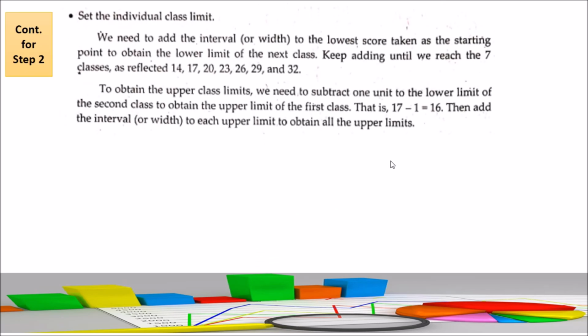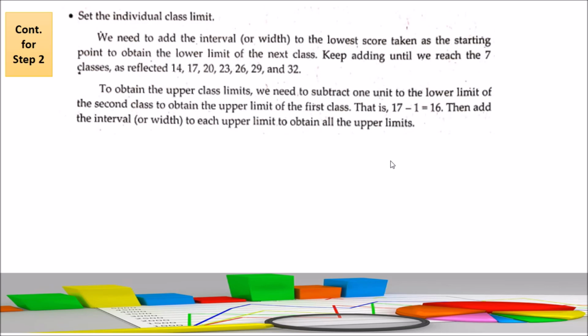Then set the individual class limits. We need to add the interval or width to the lowest score, taken as the starting point, to obtain the lower limit of the next class. Then keep adding until we reach the 7 classes. Our lowest salary is 14,100, which we can round to the whole number 14. We skip count by 3 since our class interval is 3.